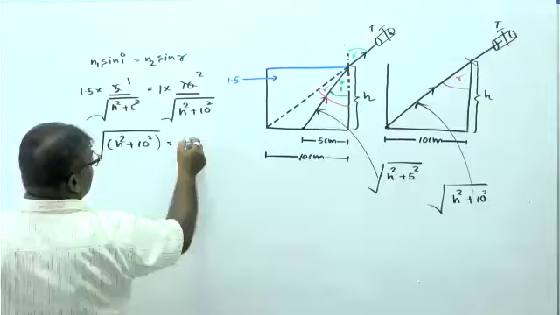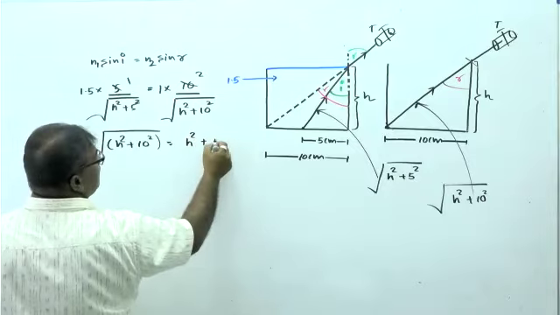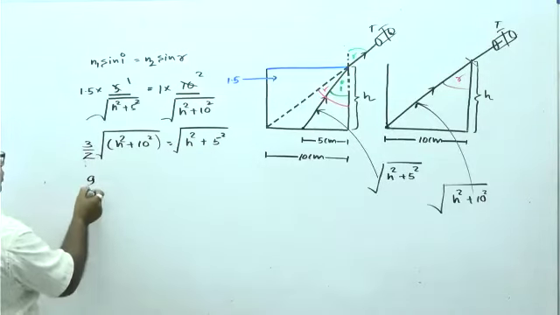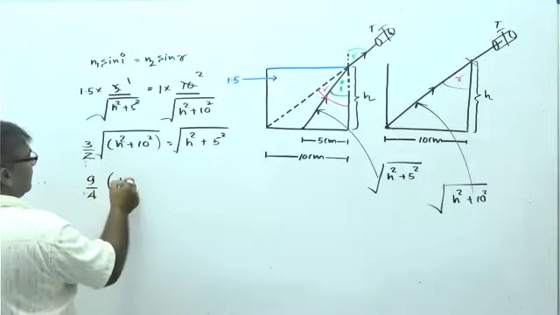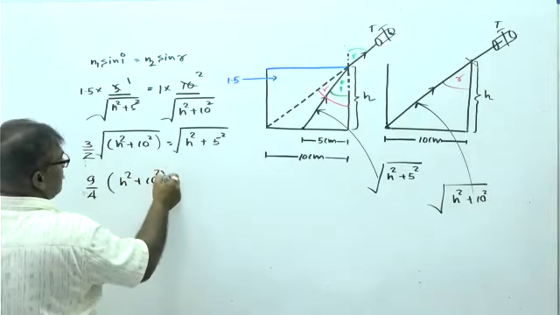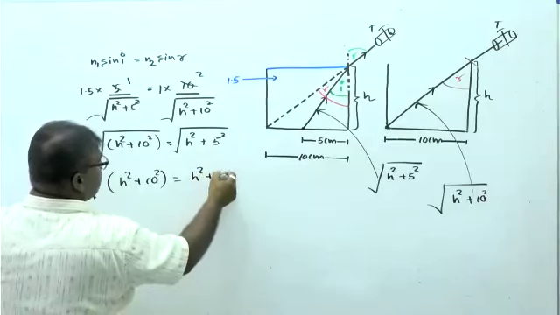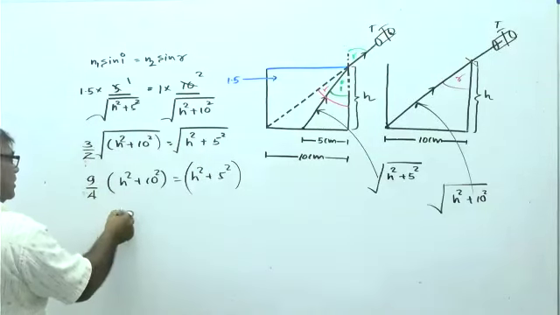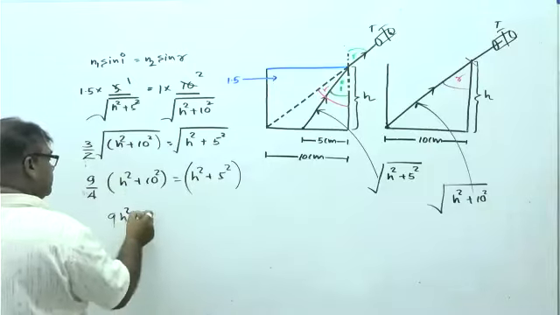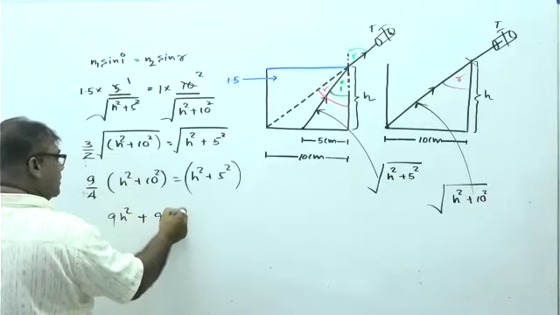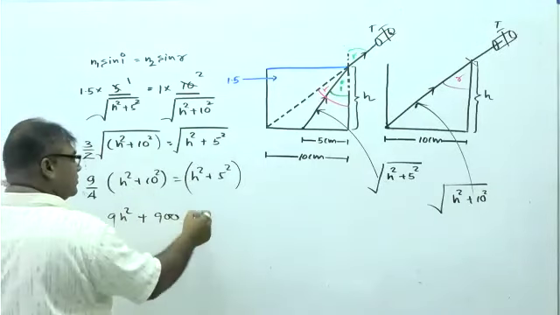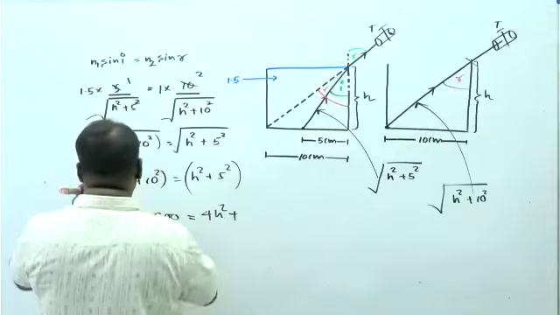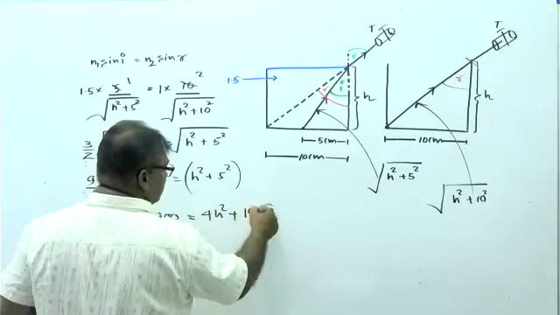And this side we have the square root of h squared plus 5 squared, right? Both sides squared. Then here 9 over 4, bracket h squared plus 10 squared, equals h squared plus 5 squared, right? Cross multiplication: 9h squared plus 900 equals 4 times 4h squared plus 25 into 4, that is 100. Okay.